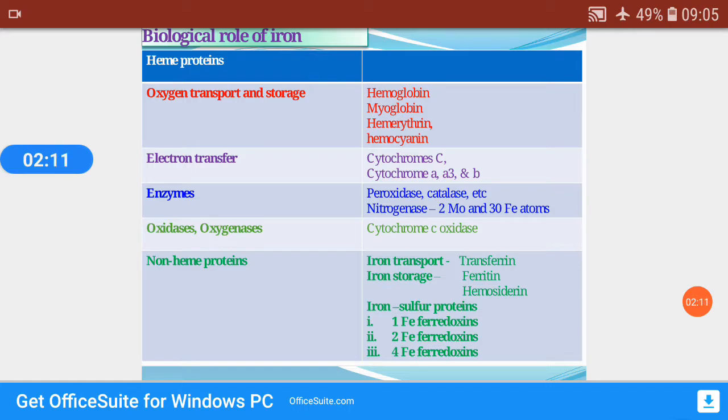So next is heme protein containing enzymes, and those are peroxidase and catalase, which are called the antioxidant defensive system. Apart from glutathione peroxidase and superoxide dismutase, which contain selenium and zinc as their cofactor respectively.